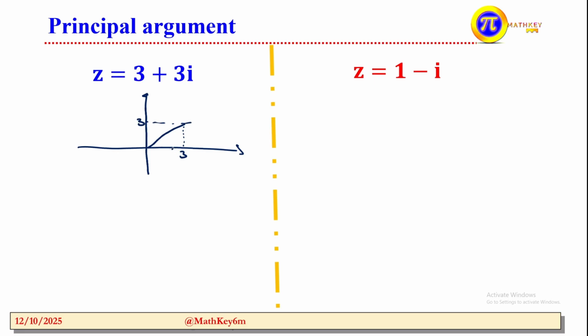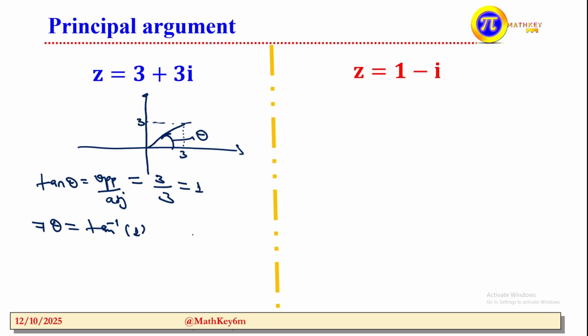So we try to measure this one. Let's take this angle as theta. So tan theta is equal to opposite over adjacent. The opposite for this theta is 3. That means the imaginary part divided by the real part, 3 over 3, which is equal to 1. This implies that theta is equal to tan inverse of 1. What is tan inverse of 1?